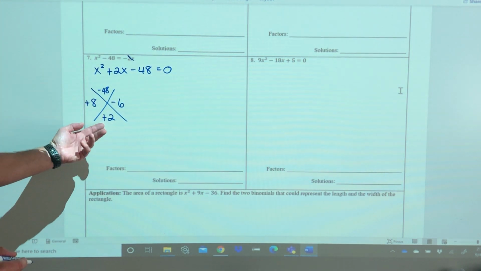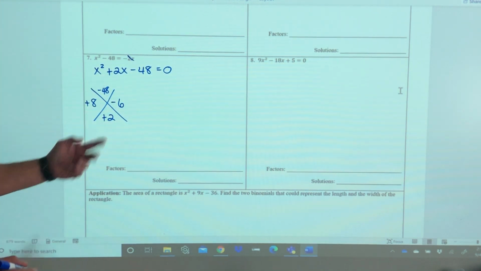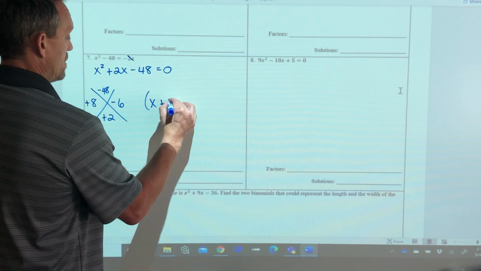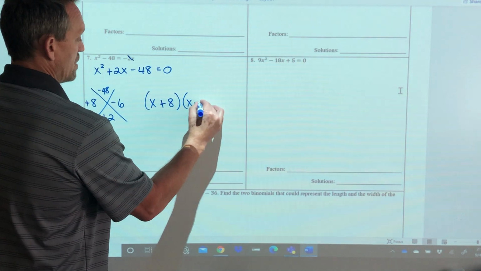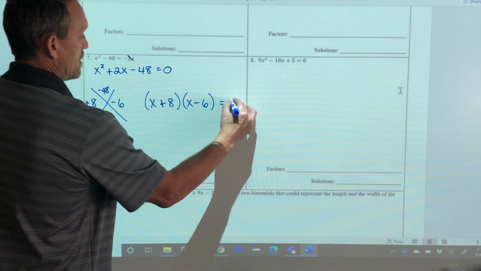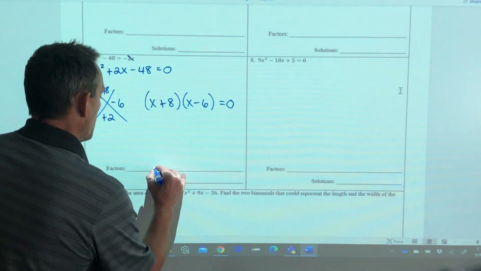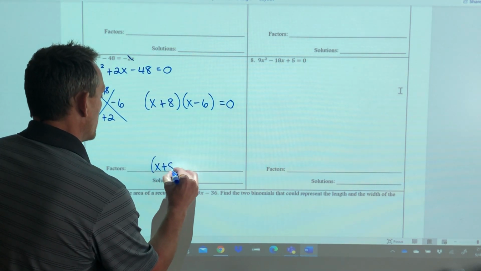Gives me negative 48. Positive 8 minus 6 gives me positive 2. A was equal to 1. We didn't use bottoms up. Is there anything left to do? No, not for my factors. There they are.